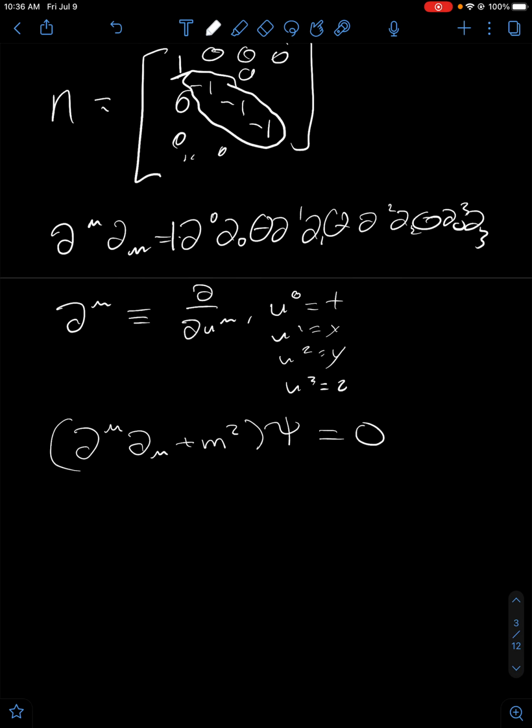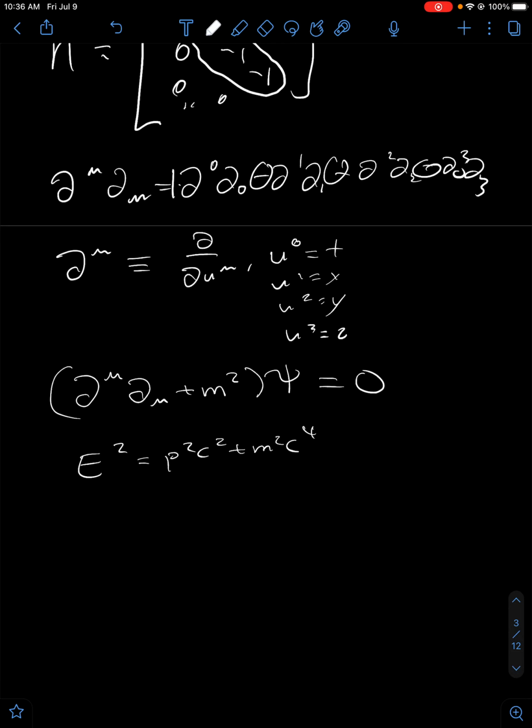Well, we take the Einstein energy momentum relation, and what we do is we substitute E for the Hamiltonian operator, and we substitute P for the momentum operator, and from there you can derive this equation shown here. I'm not going to walk through the derivation, but that's just how you do it.